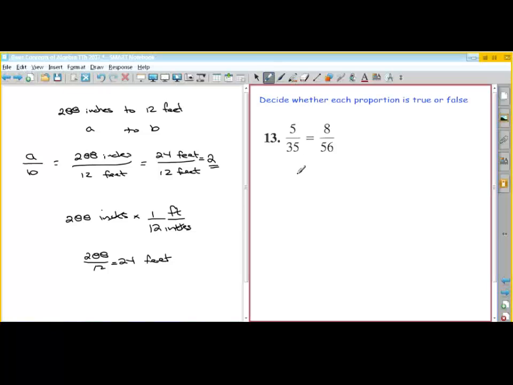If the cross multiplications are not equal to each other, then the original proportion is false. If they're equal to each other, then the proportion is true. So to check whether a proportion is true, cross multiply.